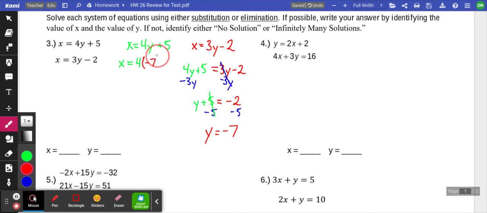So we have x equals 4 times negative 7 plus 5. So you can see I'm not changing anything else. All I did was, instead of using the letter y again, I put in a value for it. Now after that, what do we get? We have x equals, this is going to be negative 28 plus 5. And you add those together, you get x equals negative 23.